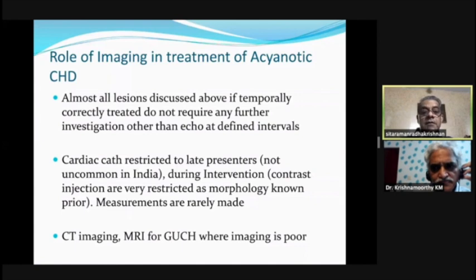The main Achilles heel, so to say, is the subxiphoid window, which as an adult practitioner may not be available.